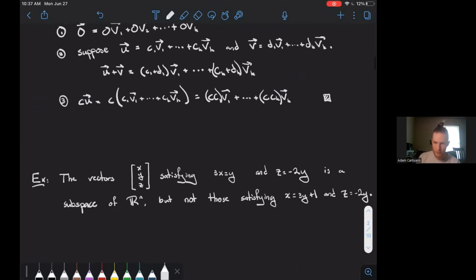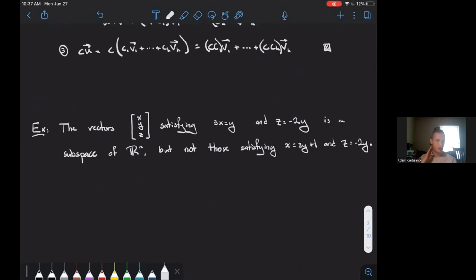Great. Let's do an example though. So suppose we have a collection of vectors x, y, z, where x equals 3y, and z is equal to negative 2y. Well, sorry, this is written incorrectly. It should say x equals 3y.